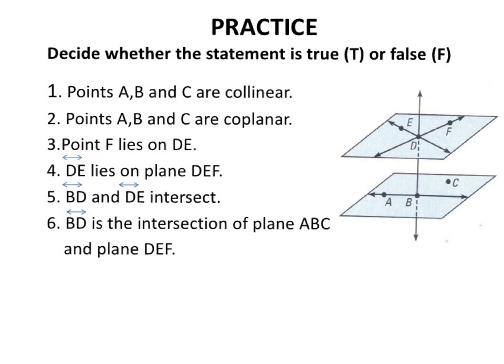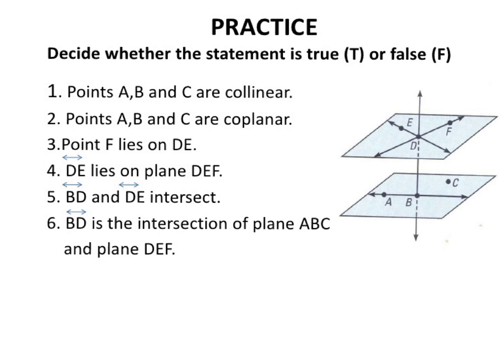All right, we are going to try some true or false practice questions. You're going to be prompted in a moment to type in whether they are true or false. It's multiple choice. I'm just going to read the questions out loud and then you'll be prompted to answer. So the first question is true or false that points A, B, and C are collinear. The second question, true or false, points A, B, and C are coplanar.